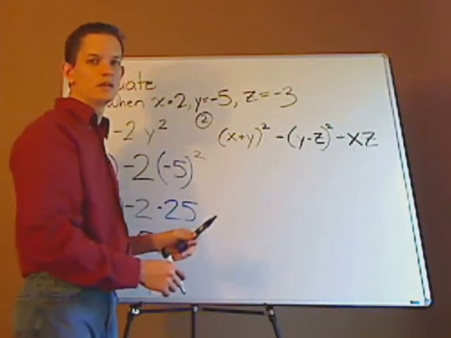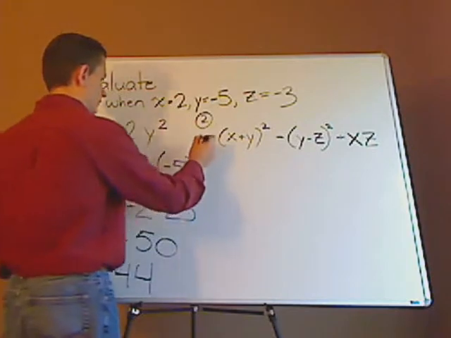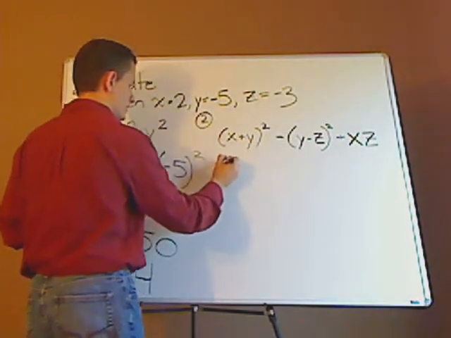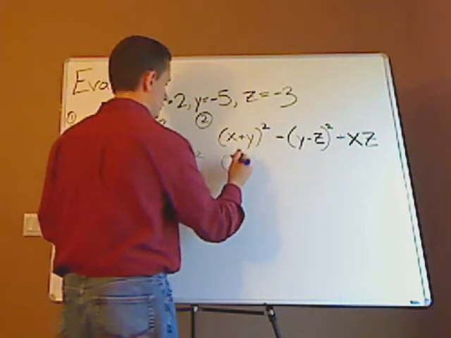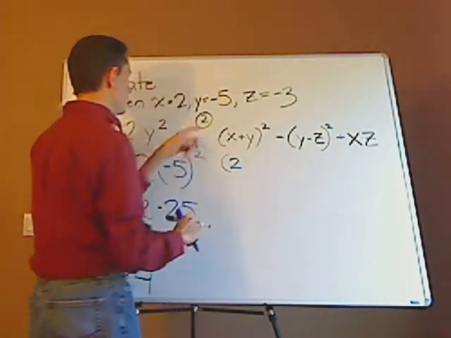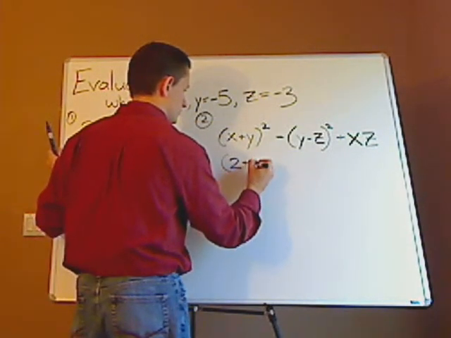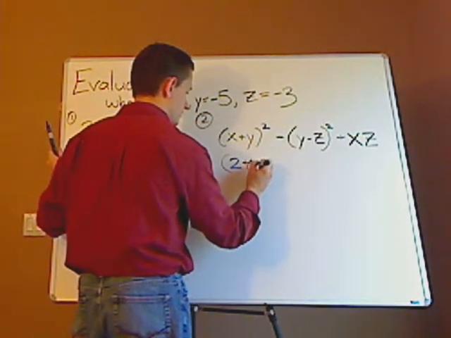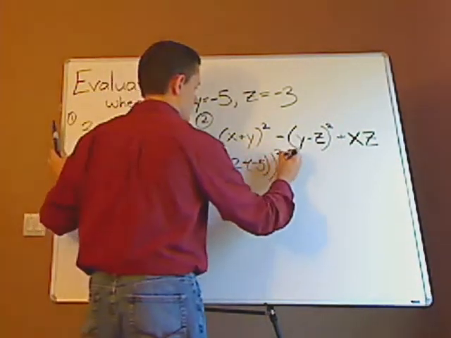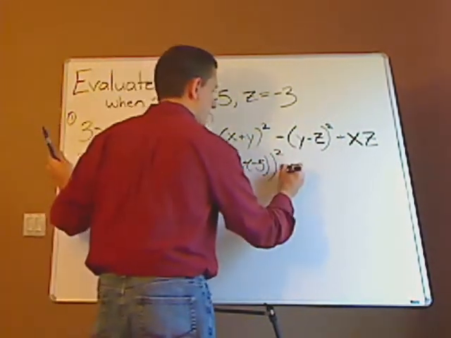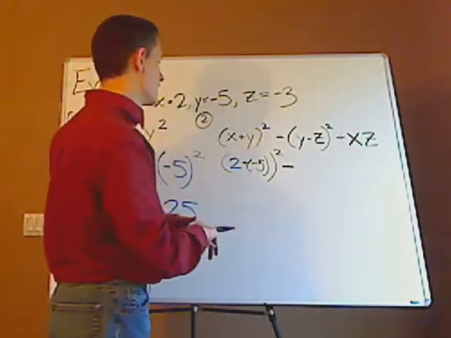Let's do this one. Now it's slightly more complicated, but that's fine. Now the first one here, I'm replacing the x with 2. So it's a 2. The y is a -5. So it's plus parentheses -5 squared, minus the y here is a -5.